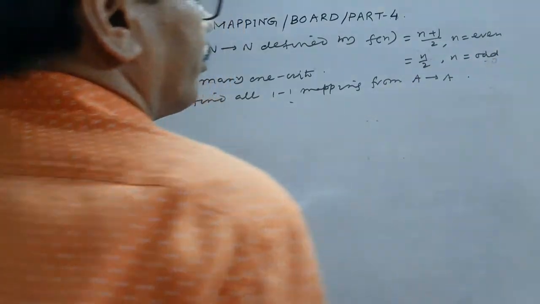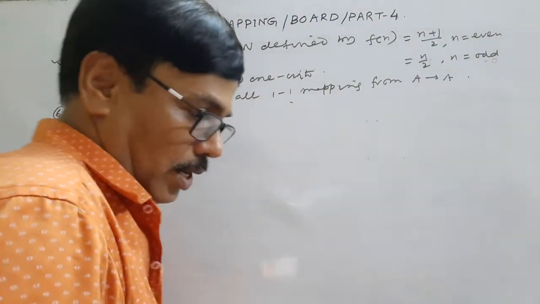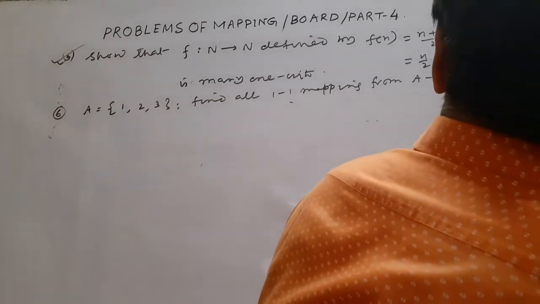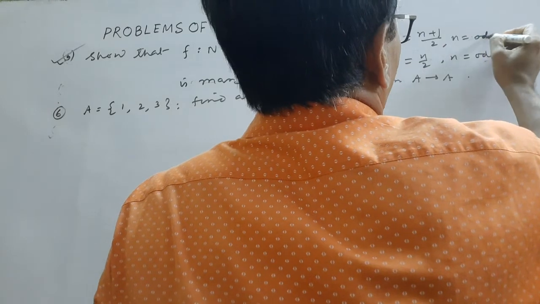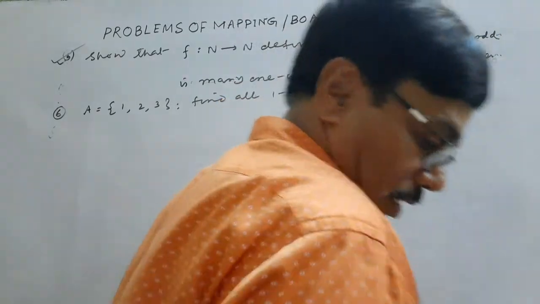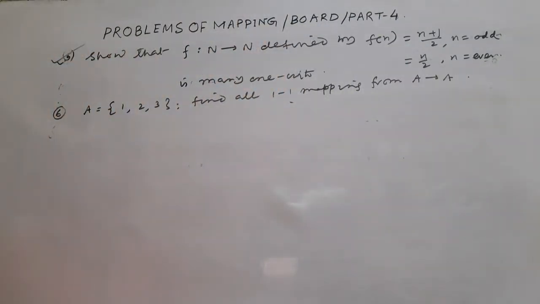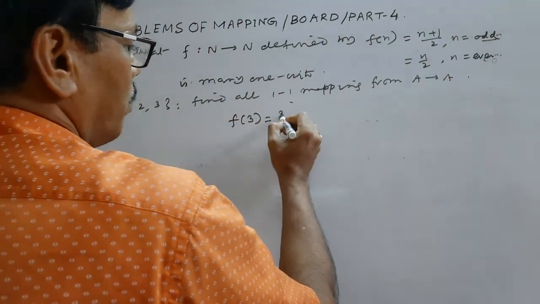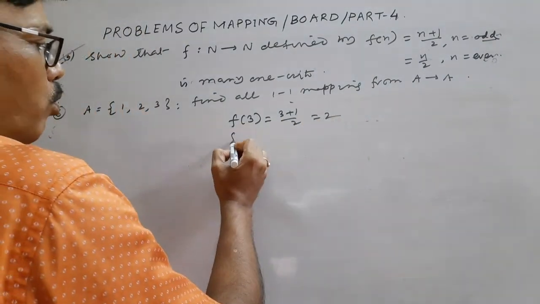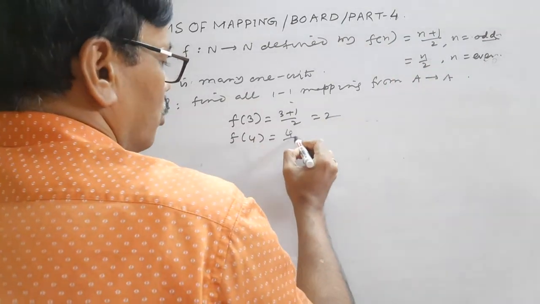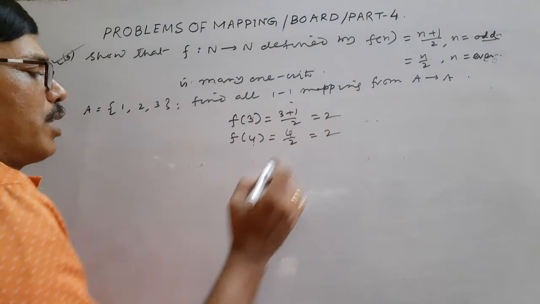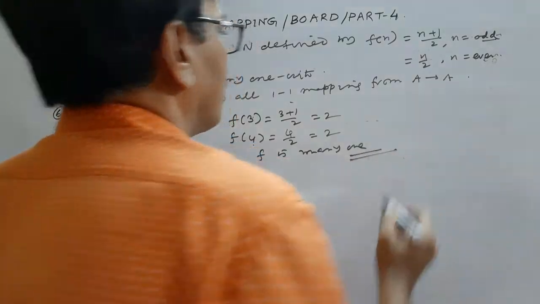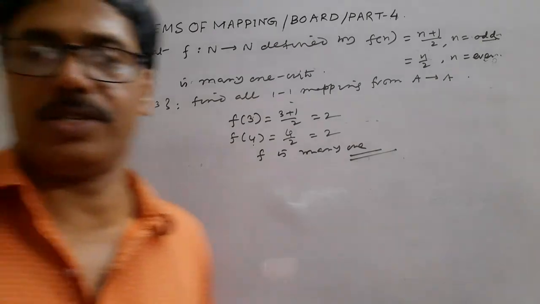If n is odd, f(n) = (n+1)/2; if n is even, f(n) = n/2. So f(3), 3 is odd, gives (3+1)/2 = 2. Now f(4), 4 is even, gives 4/2 = 2. So 3 and 4 have the same image. So f is many-one. First part is very simple.